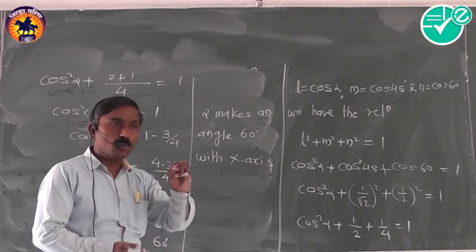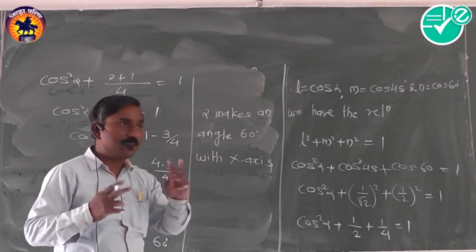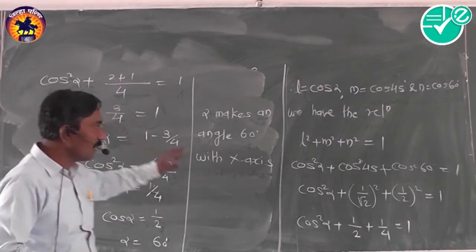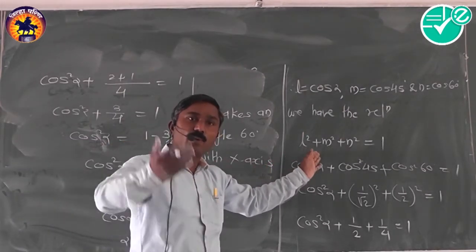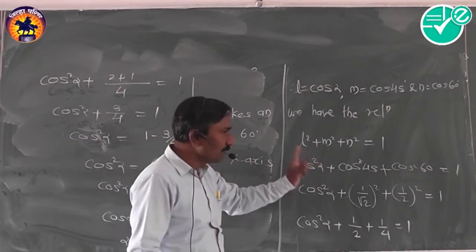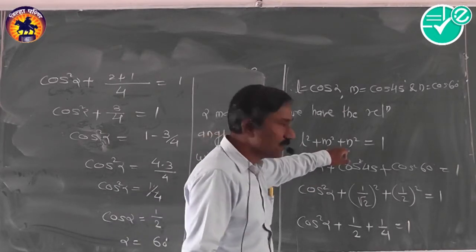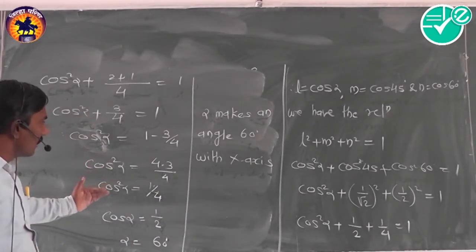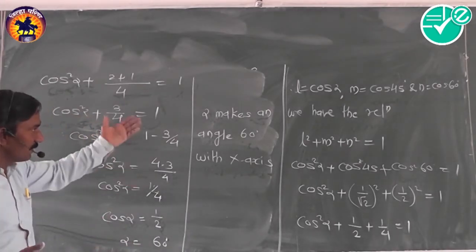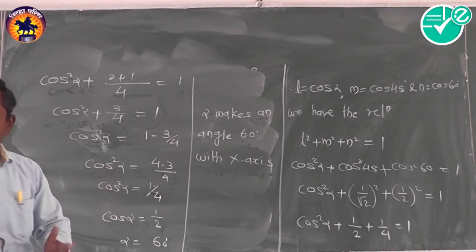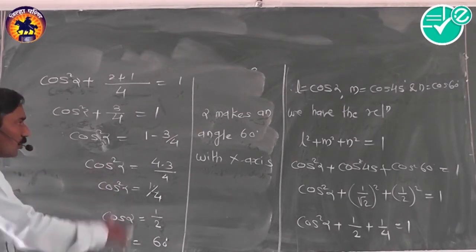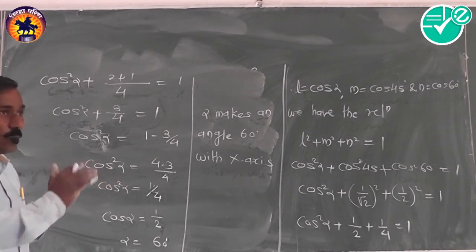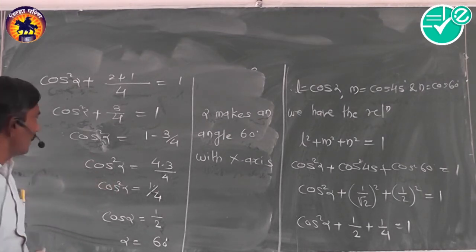From that relation, l square plus m square plus n square is equal to 1, we can find any third angle if two angles are given. In the board examination we can write it as it is, but in JEE or CET, in short we can take it. Now we will see the next example, how to do it shortly for CET or JEE.